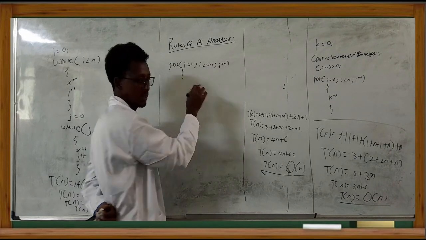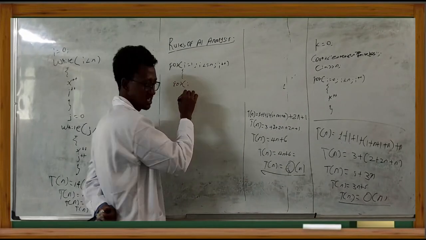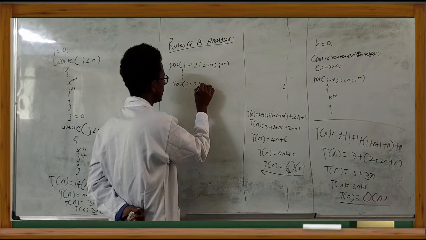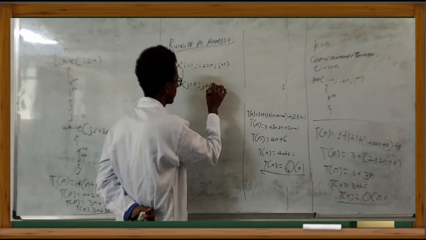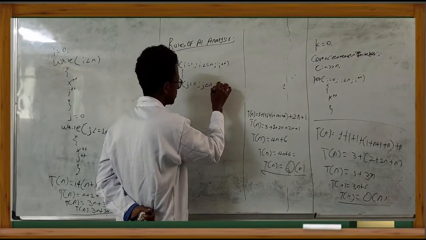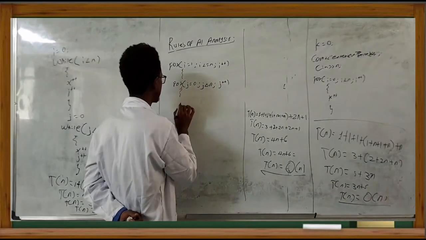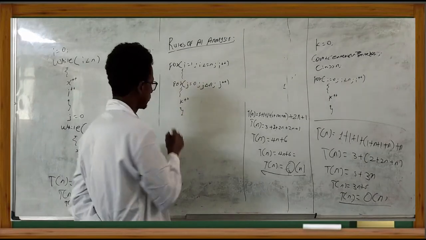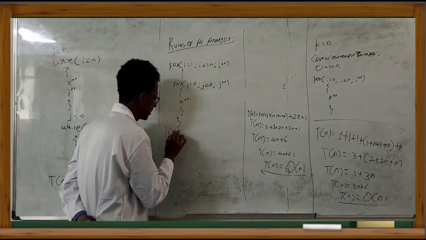Then inside the for loop, there is another for loop: j is equal to 0, j less than or equal to n, semicolon, j plus plus. Inside the second for loop, k plus plus. Close the two for loops and calculate the time complexity of these nested for loops.